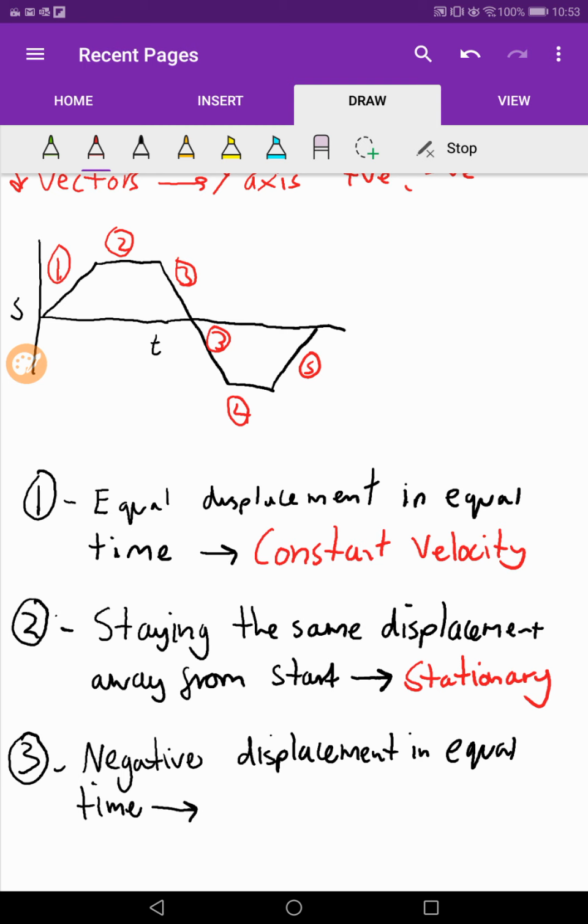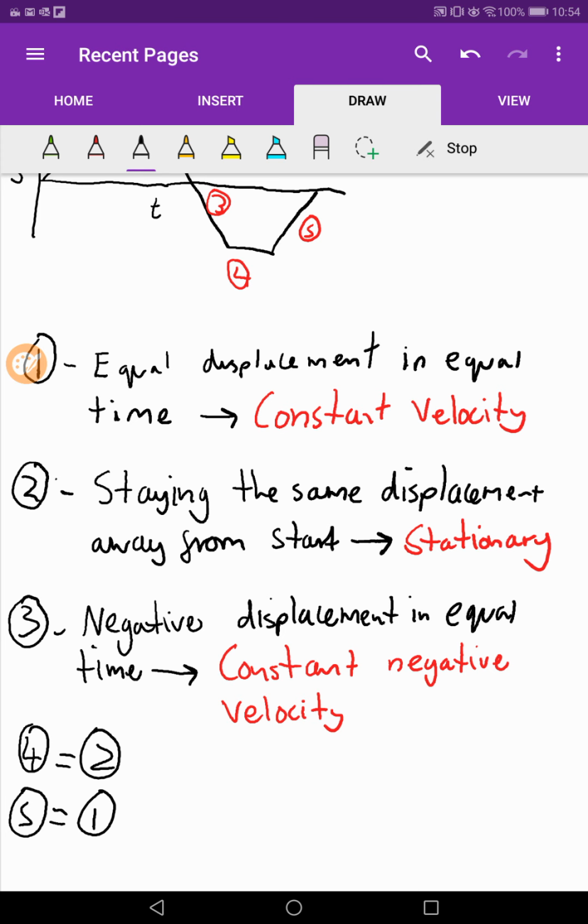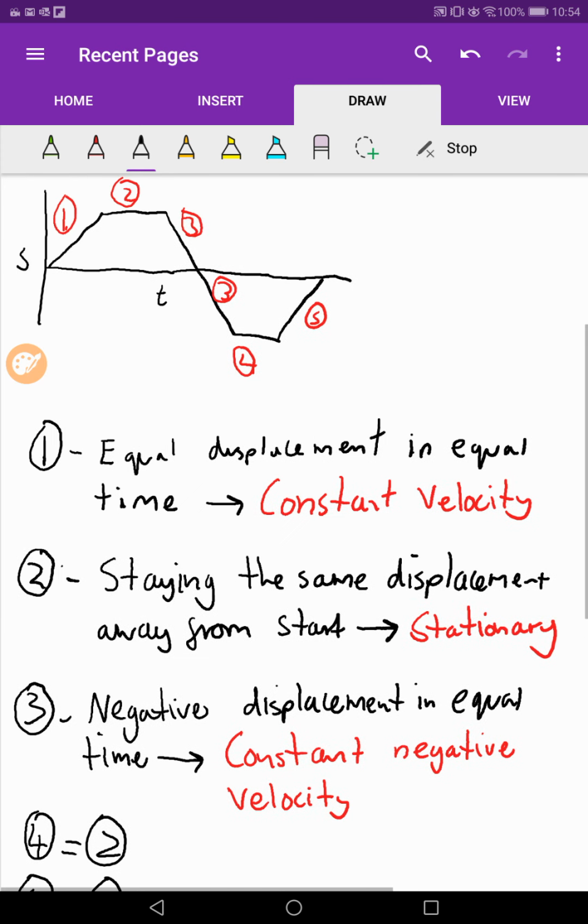So that would be a constant negative velocity. Well, part number 4 is just the same as part number 2. And part number 5 is just the same as part number 1, to get us back to the start.